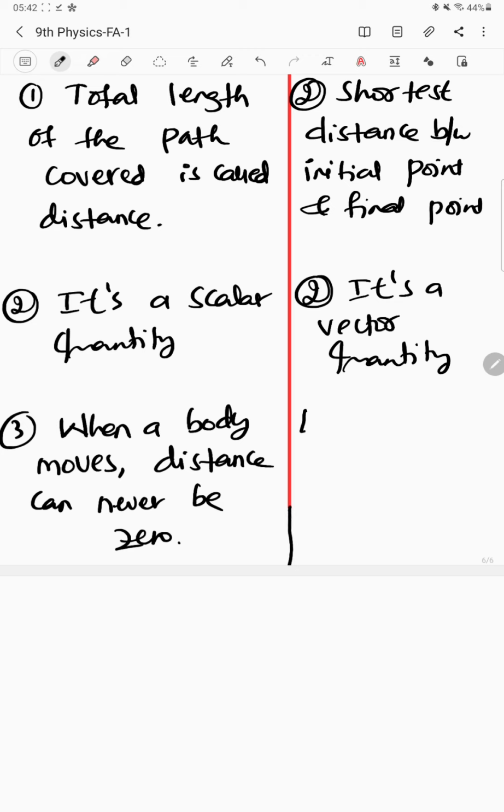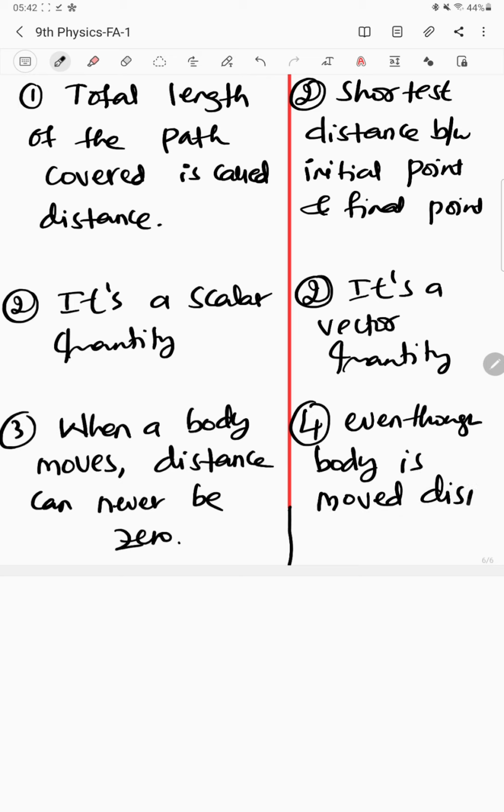It cannot be zero. Even though the body has moved, displacement can be zero. Yes or no? If a body starts from one point and comes back to the same point, displacement can be zero. So that's why I wrote that difference.